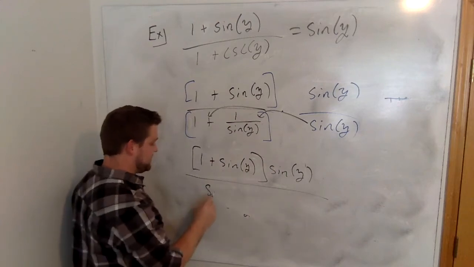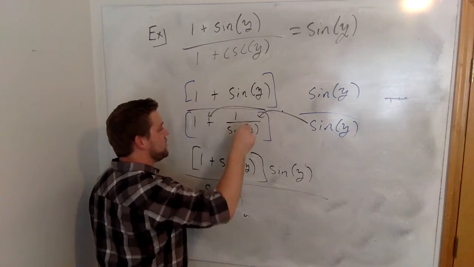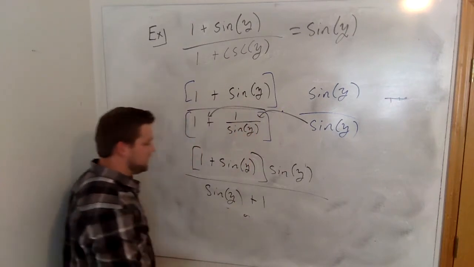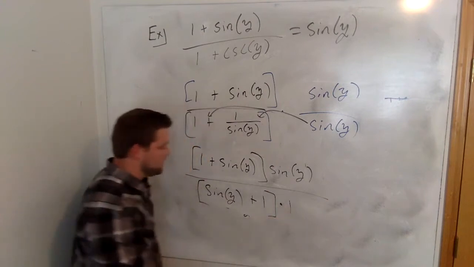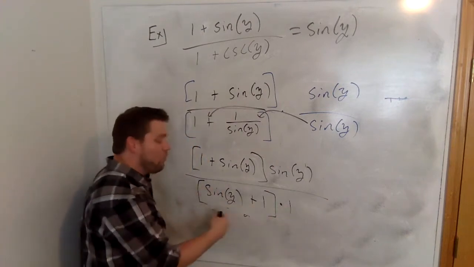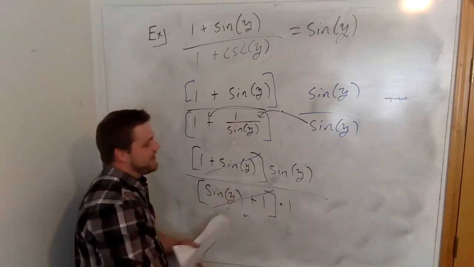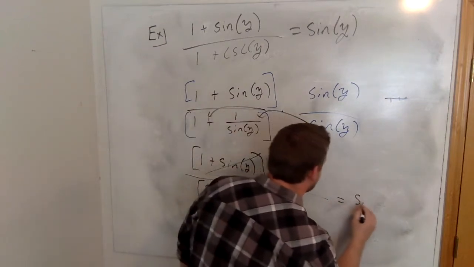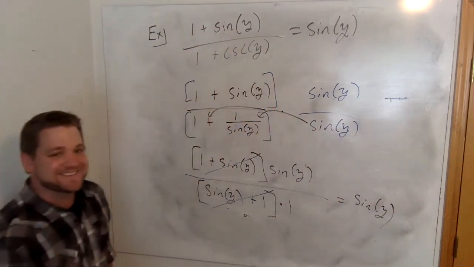Well, this is the same thing as sine of y plus sine of y over sine of y, which will just be 1. I kind of saw the times 1 here. Well, order of addition doesn't matter, so these are common factors. These can cancel out, and we're still left with sine of y. How fun. So either way, this is sine of y in disguise.